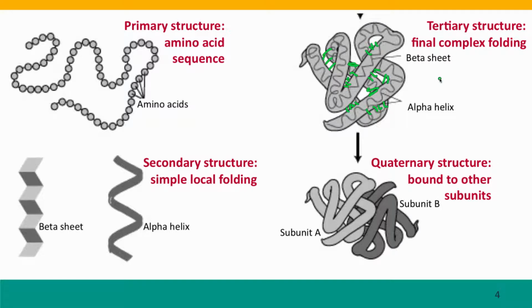The fourth level, which again is not really folding, is the assembly of different protein subunits, the products of different genes, into a larger sort of megaprotein, which consists of different subunits from different genes.